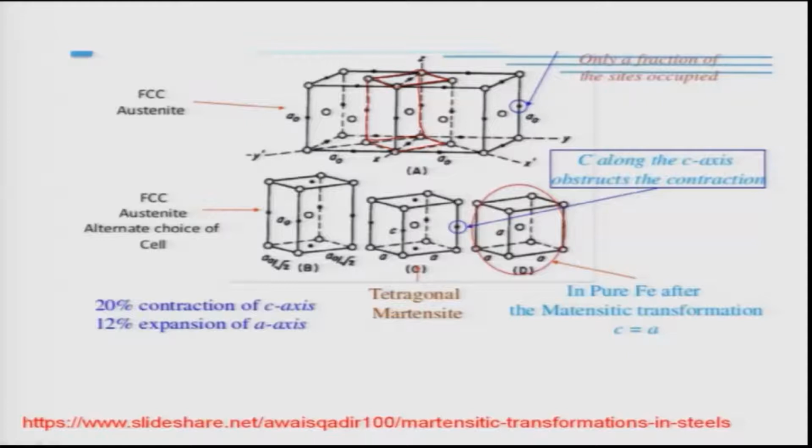Suppose these are my FCC austenite unit cells, that is what you see here. The FCC austenite unit cell has a lattice parameter of a0. Now, obviously, the C axis will remain as a0, but the other two axes will become a0 by root 2, because they are the half of the face diagonals. This is the whole face diagonal, so I am taking half of that.